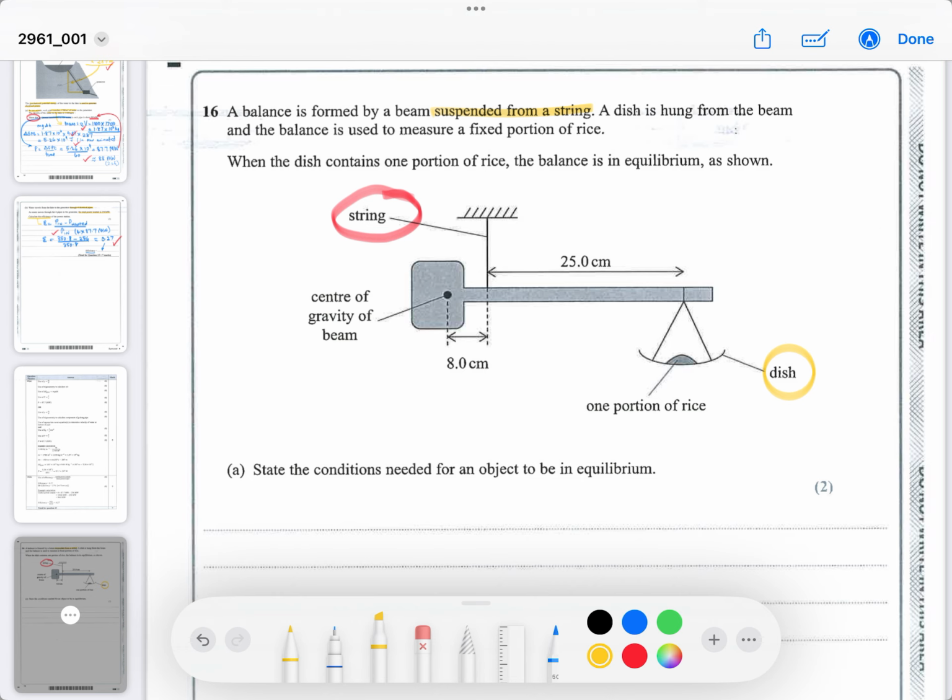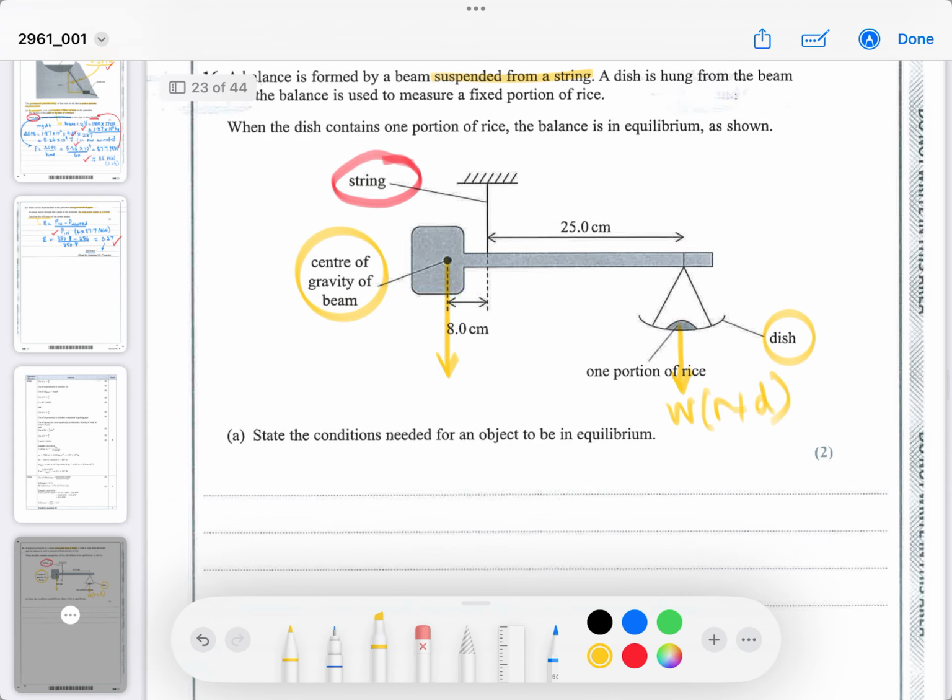So obviously the weight of rice and the dish, rice plus dish, R plus D, is balanced by the mass of the beam at the other end, on the other side of the string. So you've got the distances there to be able to work out the answer to the question.